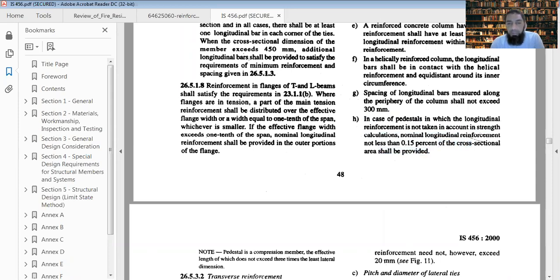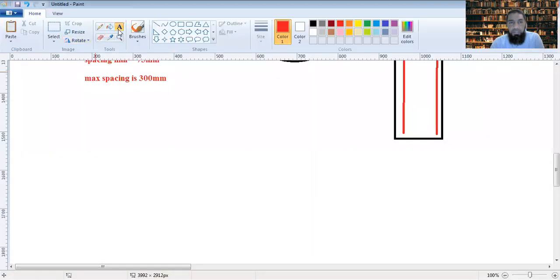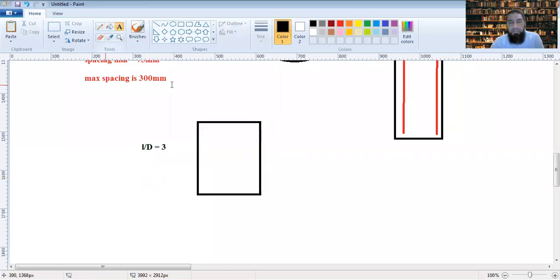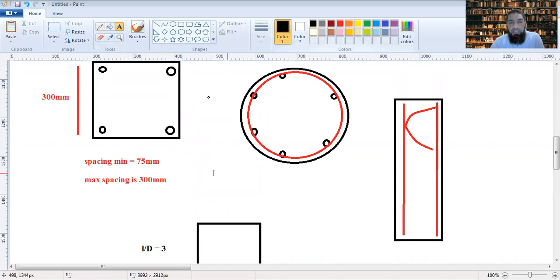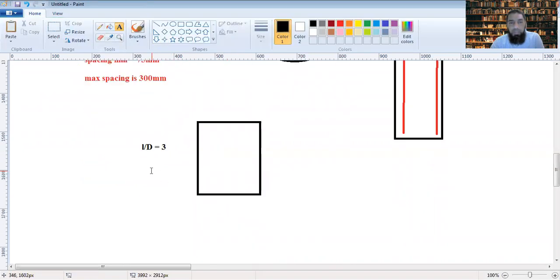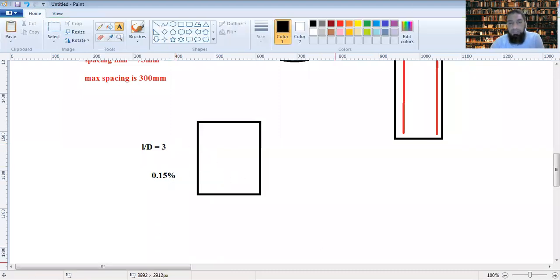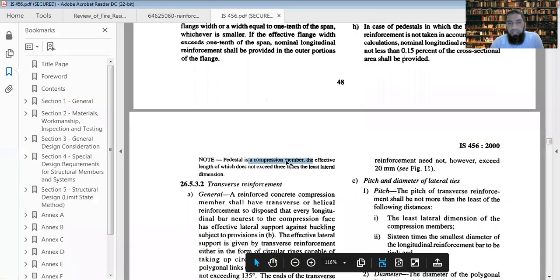When you have a pedestal, which I told you last time, which is even less than a short column, something like this, which has L/D around 3, in that case the longitudinal bars are not 0.8% that you provide, it's only 0.15%. Thereby, a pedestal is a compression member with effective length which does not exceed 3 times the least lateral dimension.